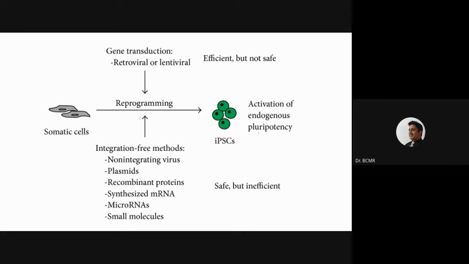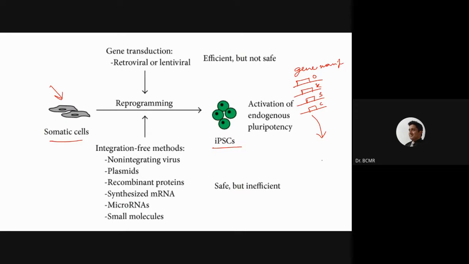When you say genetic method, you're employing genes or gene manipulation. You could take the gene for OCT4, the gene for KLF4, SOX2, and CMYC, and put them into a somatic cell and overexpress them, because of which they would become induced pluripotent stem cells.